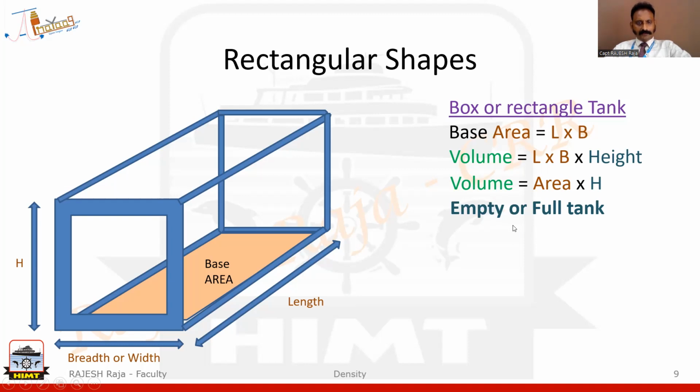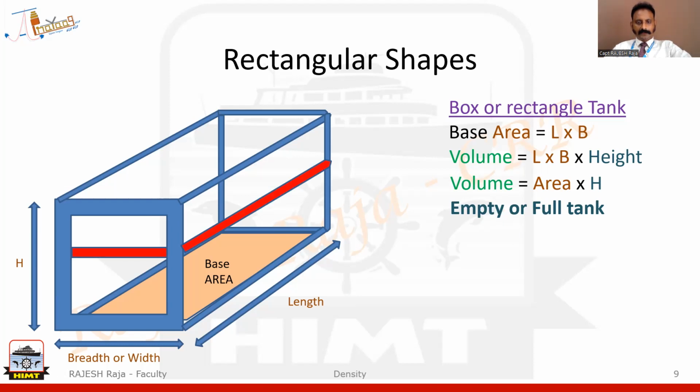But we are not always empty and not always full. Let us say we start filling cargo. So what happens if you fill cargo? If you start filling any liquid cargo, first the base area is going to be completely covered, and after that it doesn't have any space, so it starts rising up vertically. Let us say it rose up vertically up to this red color level. The cargo rose up to this level.